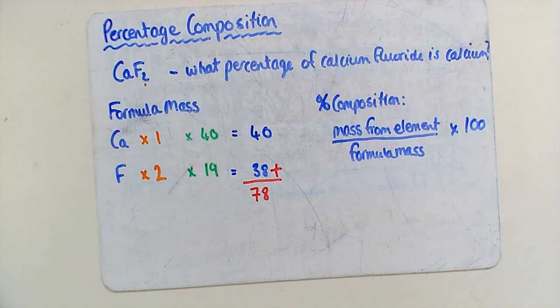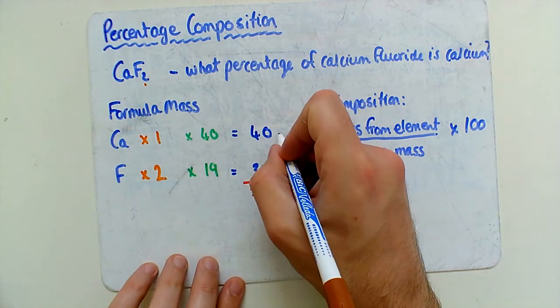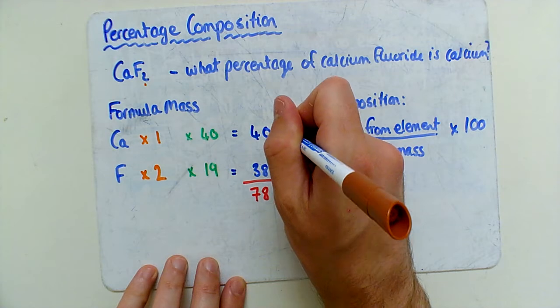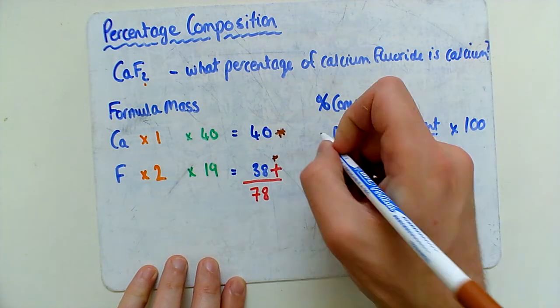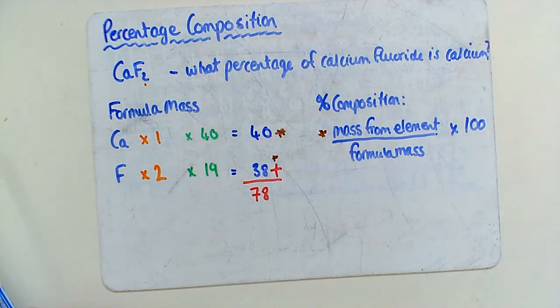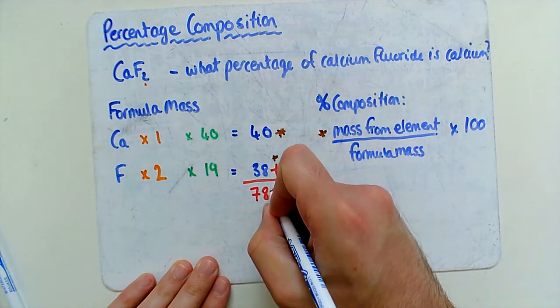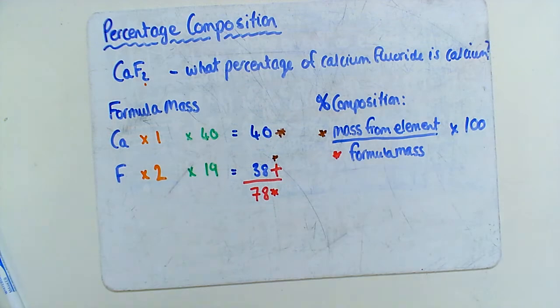So your mass from your element is going to be this one here after it's been multiplied. Your formula mass is that one there.